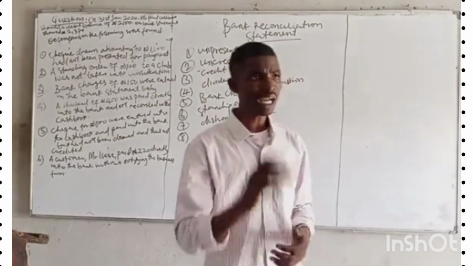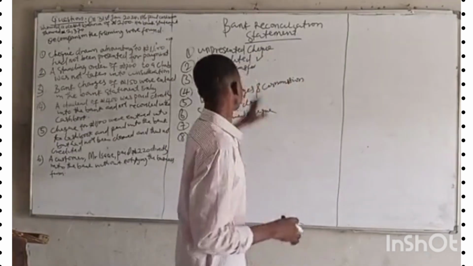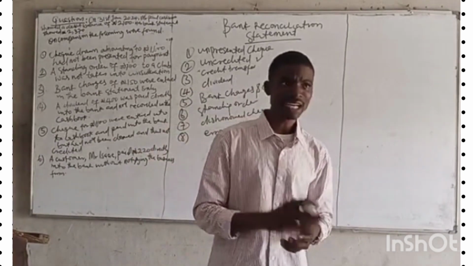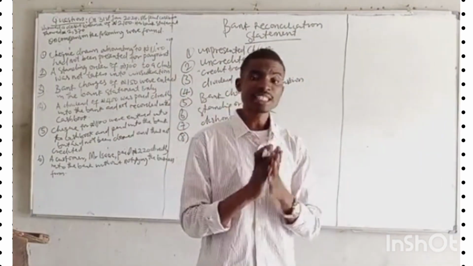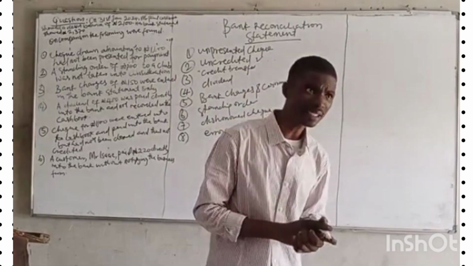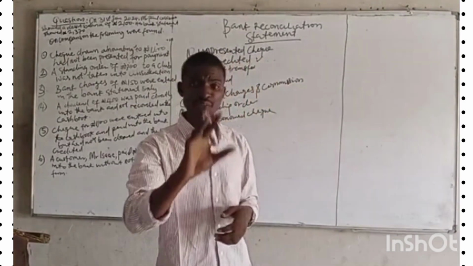So now let's look at the format for the presentation of bank reconciliation statements. There are three scenarios used in preparation of bank reconciliation statements. One is when the causes of difference are given.